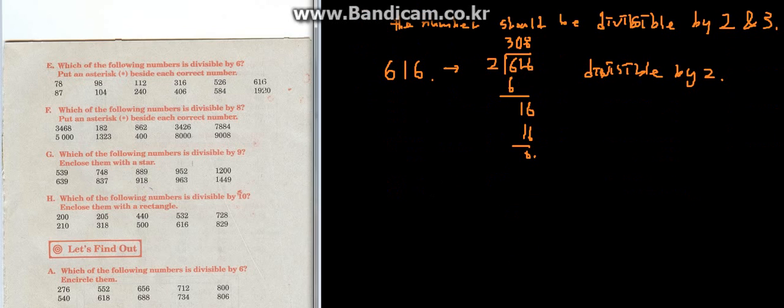Then what about 3? Is 616 divisible by 3? Yeah, 616 divided by 3. 3 goes twice, no remainder, bring down 1, 3 couldn't go there, bring down 6, and 3 goes 5 times, and there's a remainder.